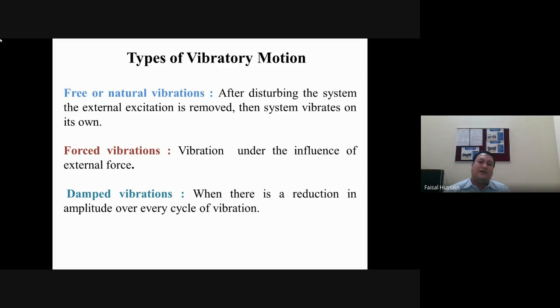When the vehicle is moving on a bumpy road, the shock absorber dampens the vibration slowly over a period of time, and the amplitude of vibration reduces. So in damped vibration, slowly the vibrations are damped. These are the three categories of vibration.